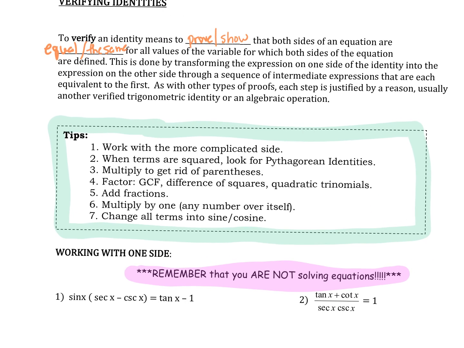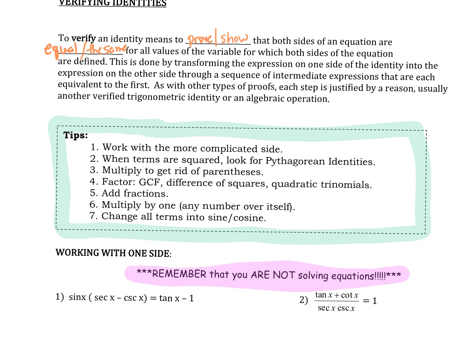What we are doing when we verify an identity is we are truly just proving or showing that both sides of the equation are equal, or are the same, okay? The process that we're going to use, if you notice it says, for all values of the variable. In other words, any number that you can think of, any degree measure that you can think of for x or theta or whatever, that you plug in there, it would be true for any of those values.